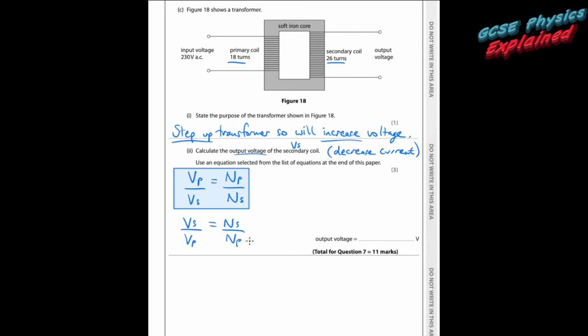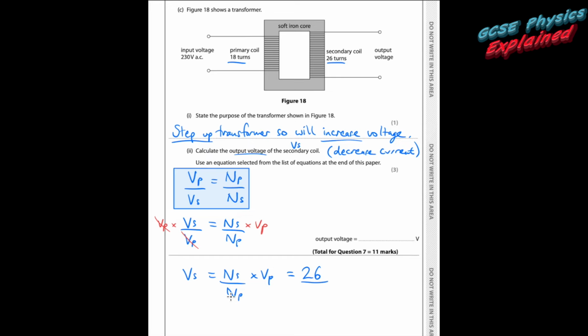Right, now all I need to do is multiply both sides by Vp, and then that Vp will cancel out with that Vp, and that'll leave Vs equals Ns divided by Np times Vp, and we'll just pop the numbers in. So Ns is the number of turns on the secondary, so that's 26.